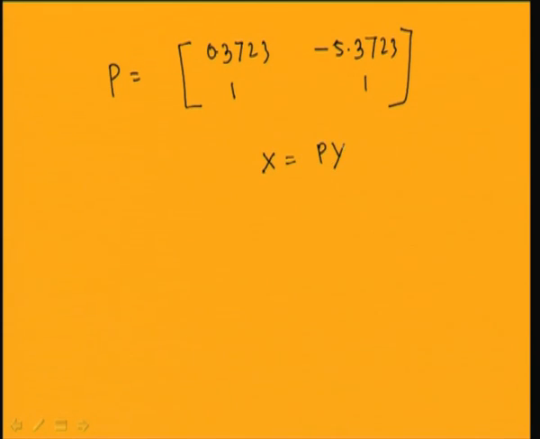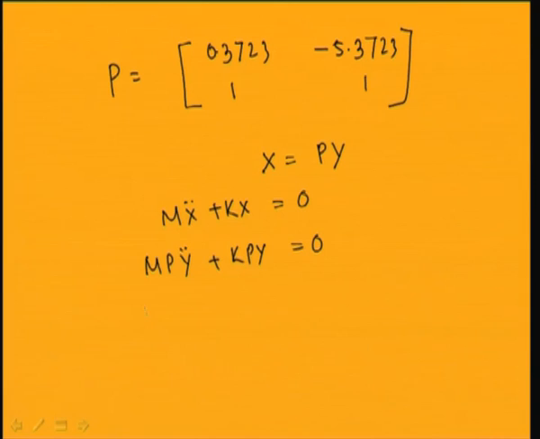If I substitute this equation in the original equation, that is m x double dot plus k x equal to 0, this becomes m P y double dot plus k P y equal to 0.